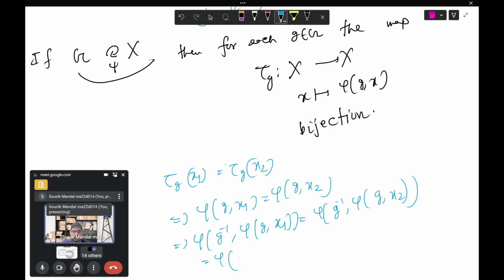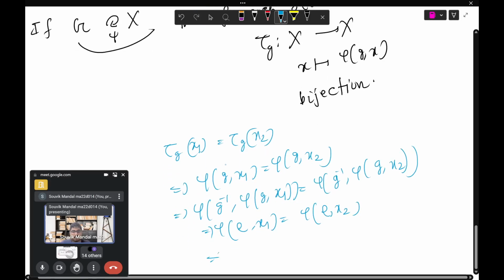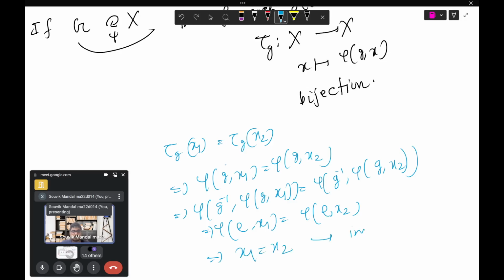This implies psi of e comma x1 is equal to psi of e comma x2, and this implies x1 equals x2. So tau g is injective. Understood?